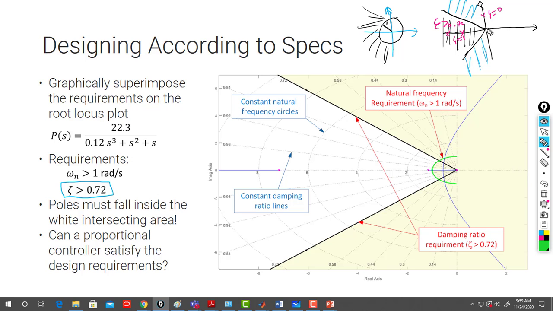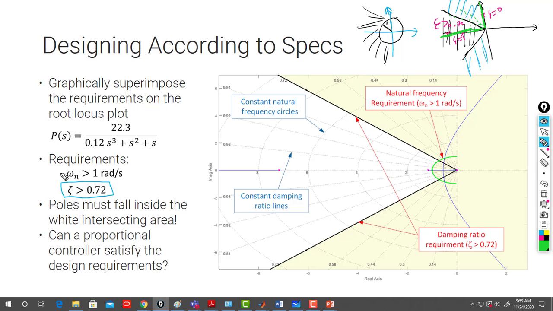Very nice. So zeta equal 0, you are here, and zeta equal 1, you are here. Each time you increase zeta, this line will decrease the angle. So then you are in the black region, right? So then I'm outside the circle and inside this triangle.